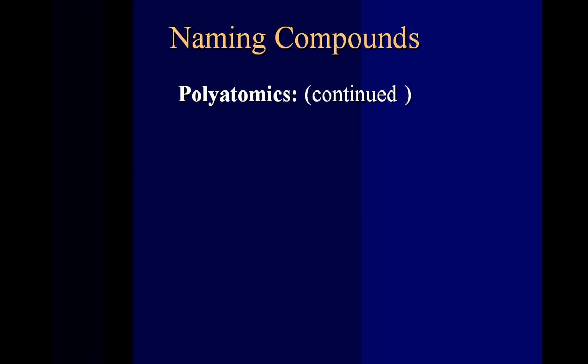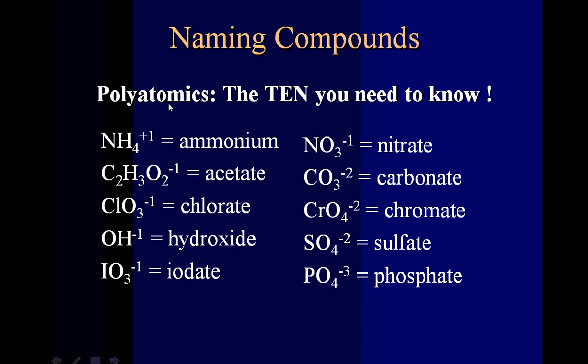So when we look at, say, the ammonium, well, number one, it doesn't even have an oxygen, so we don't have to worry about this naming system with this. Acetate, we won't take oxygens away. Those of you who are taking organic chemistry will find out the answer as to why you can't take oxygens away from the acetate without changing the whole structure and the whole composition of it. Hydroxide, we're not going to remove any oxygen away from that either.